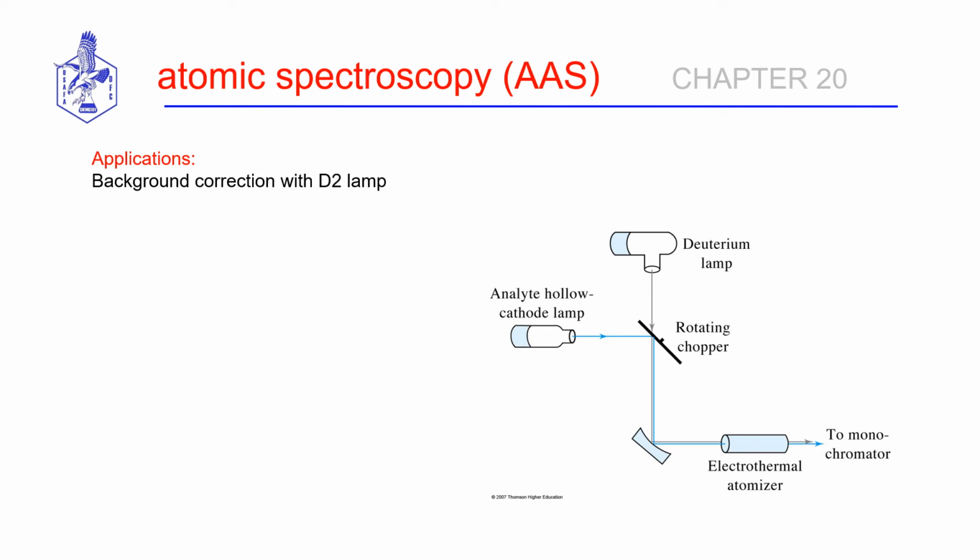If we have something in our sample such as a species like calcium hydroxide, and we don't efficiently break that species up into its characteristic elements, it's going to give rise to a broadband absorption.